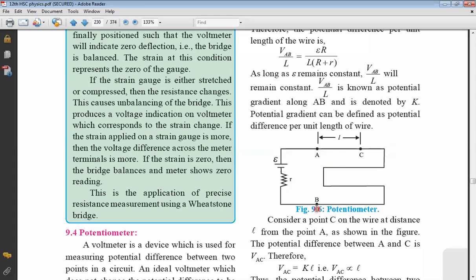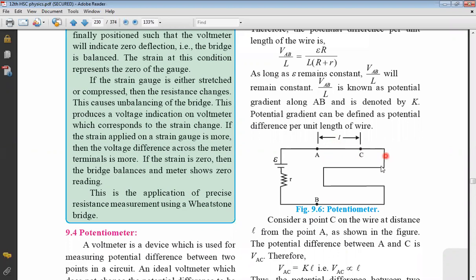And now, what is the principle on which potentiometer works? I have to derive it, but to summarize it, simply put in a nutshell, if I consider any 2 points on the potentiometer wire, the PD, potential difference between the 2 points, is directly proportional to length of the wire between the 2 points. Please see, if these 2 points are some distance apart, there is some potential difference.